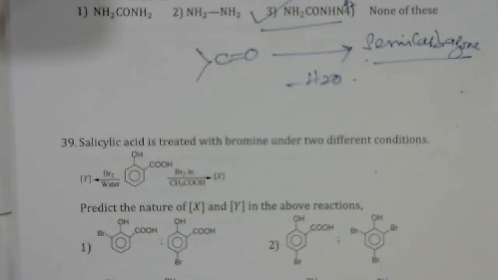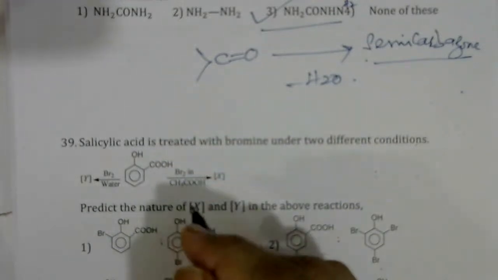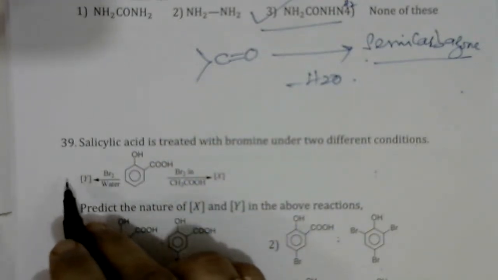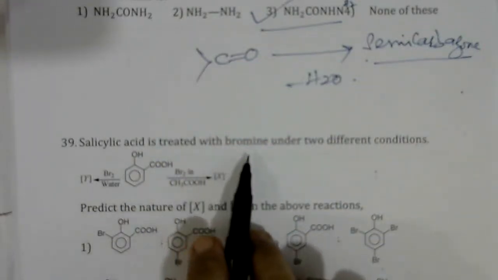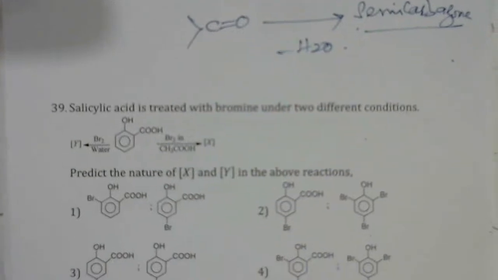Salicylic acid is treated with bromine water in two different ways. Question number 39. Salicylic acid is treated with bromine, because salicylic acid is what, children?